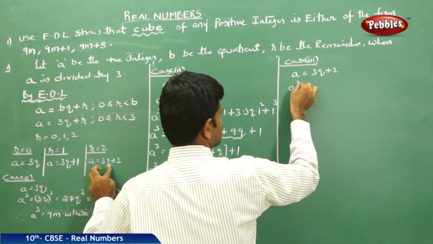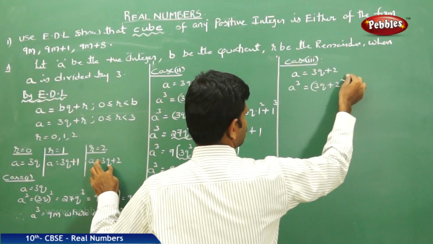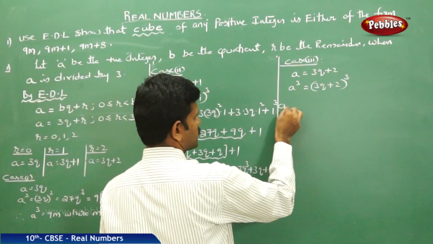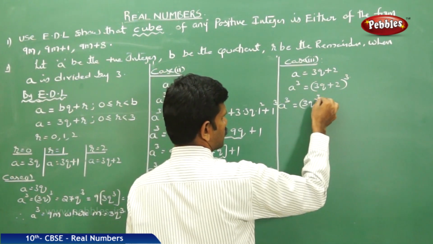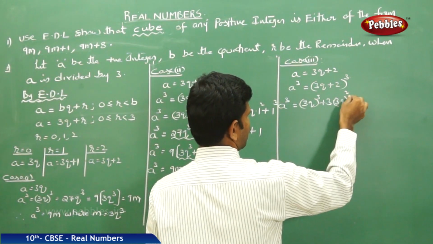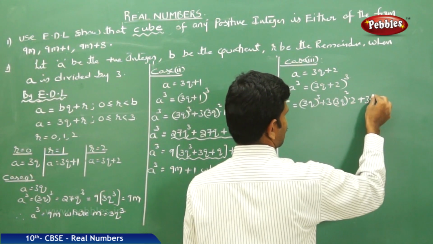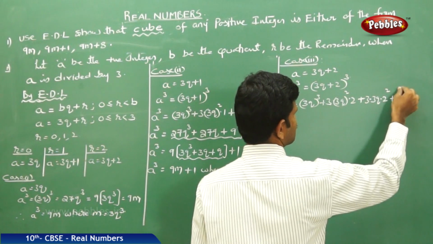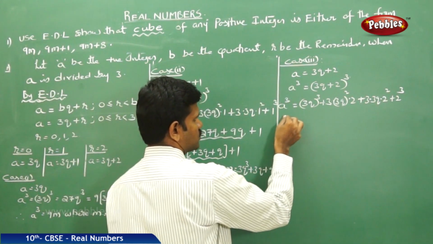Cubing on both sides, a cube is equal to (3q plus 2) whole cube, that is a cube is equal to a cube plus 3a square b plus 3a b square plus b cube.